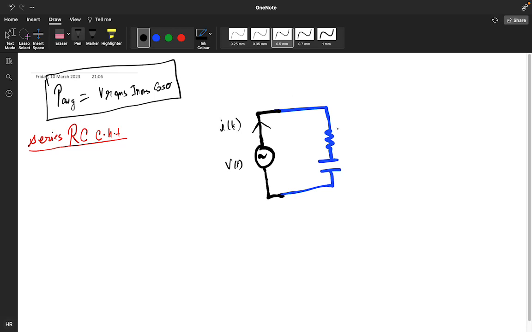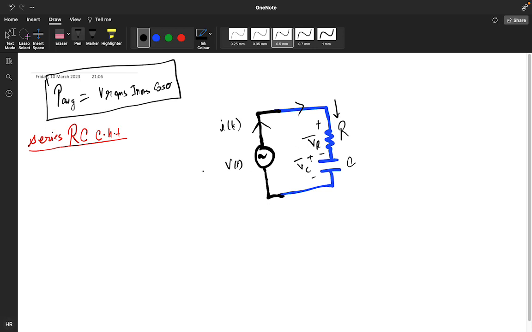This is your R, this is your C. It's positive, negative because current is moving like this. So some potential will develop. We assume this as VR, and I am taking it in phasor form.